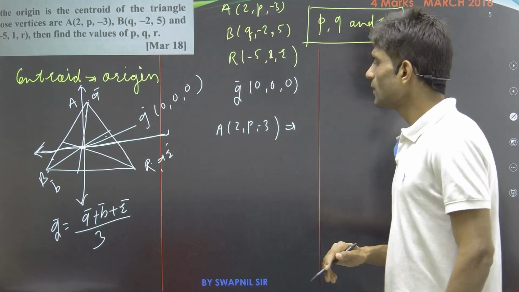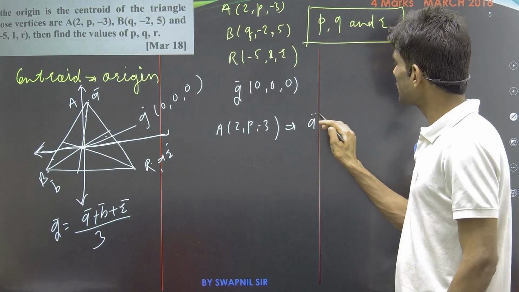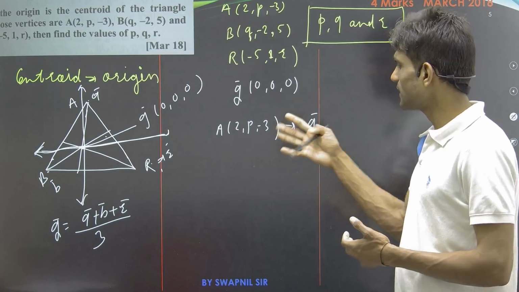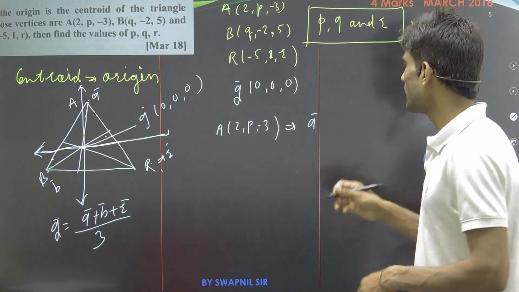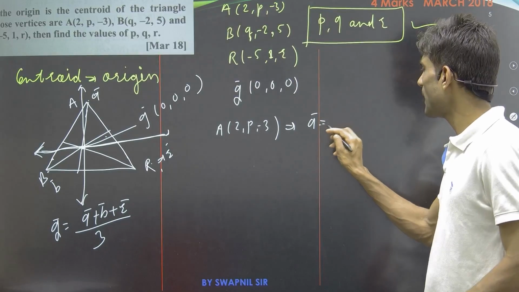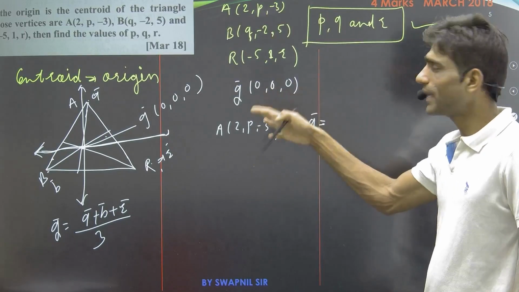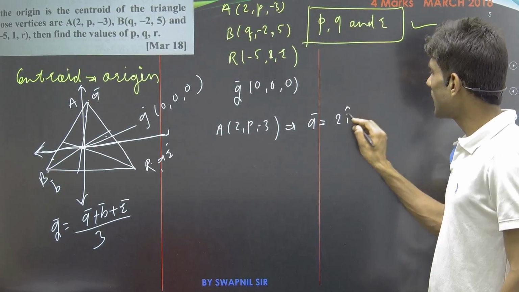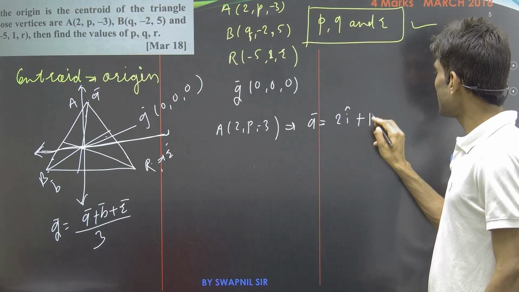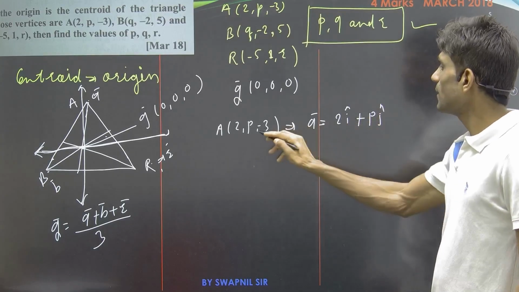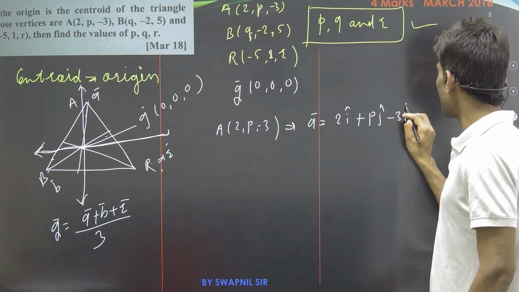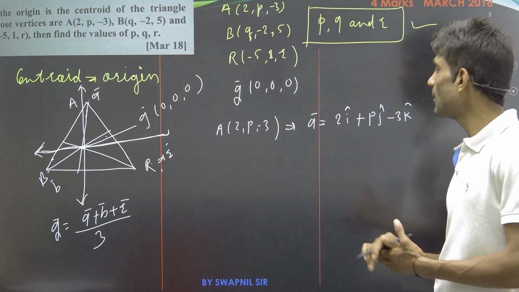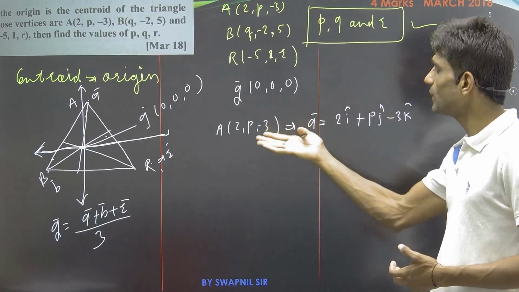I want the position vector A bar which exists at vertex A. So we can write position vector A bar, introducing i cap, j cap, k cap, as 2 times i cap plus p times j cap minus 3 times k cap.